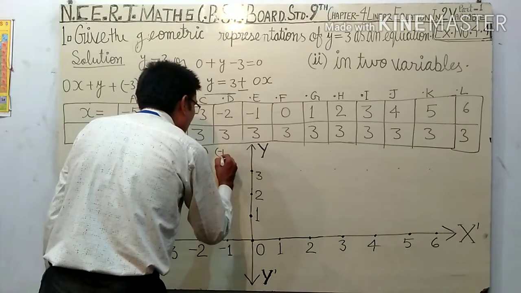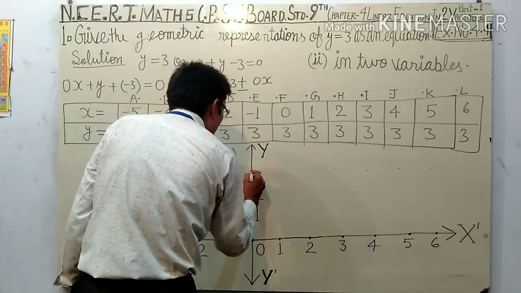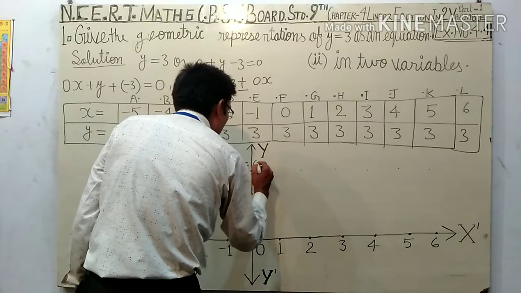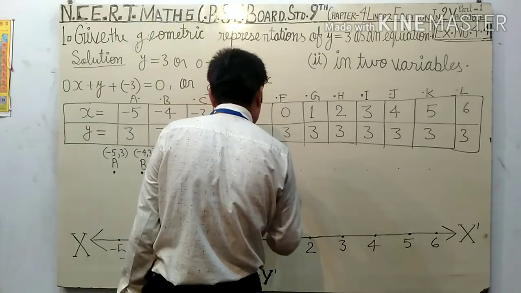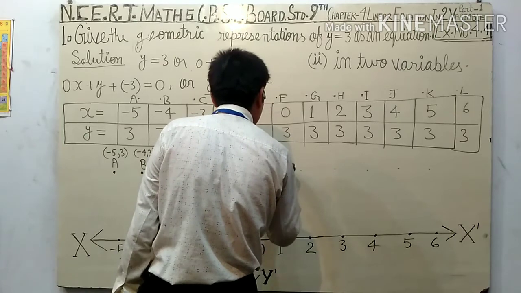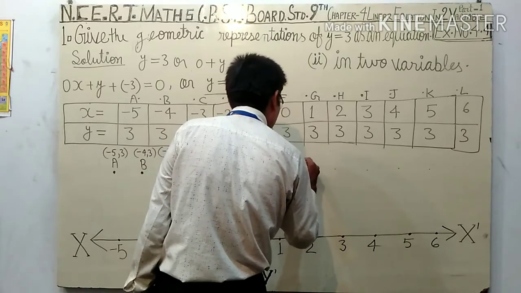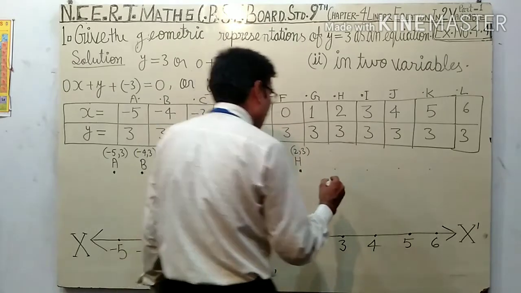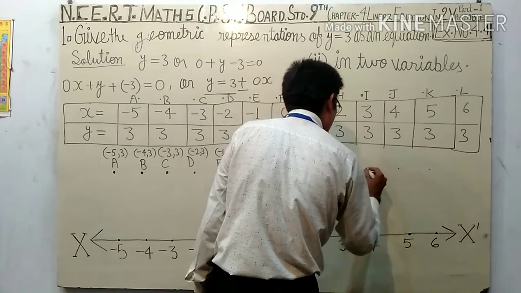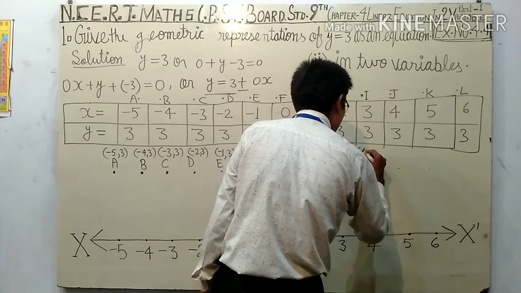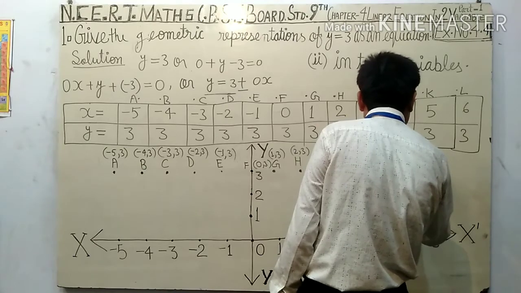-1, 3: here F. 0, 3: here G. 1, 3: H. 2, 3: I. 3, 3: J. 4, 3: K. 5, 3.